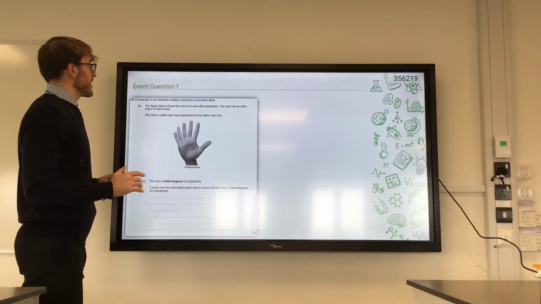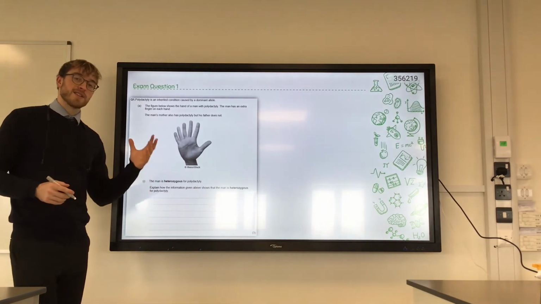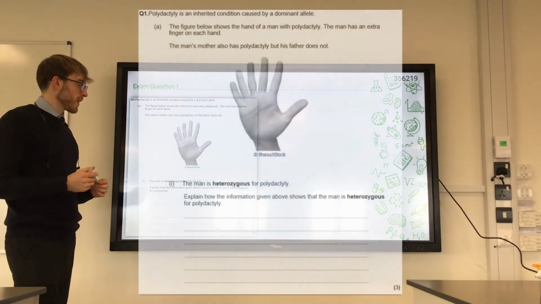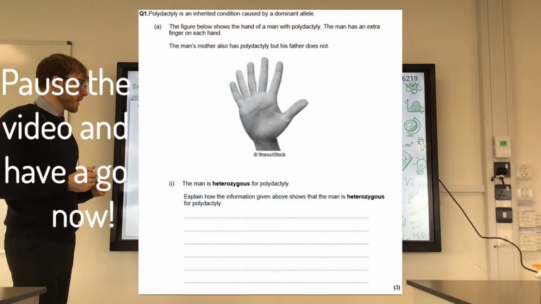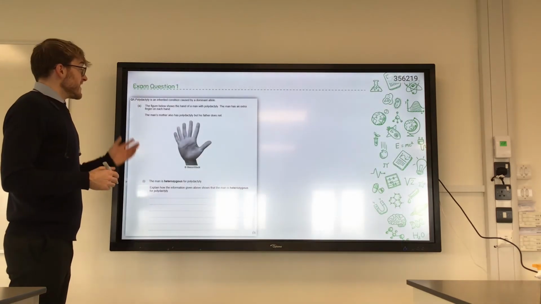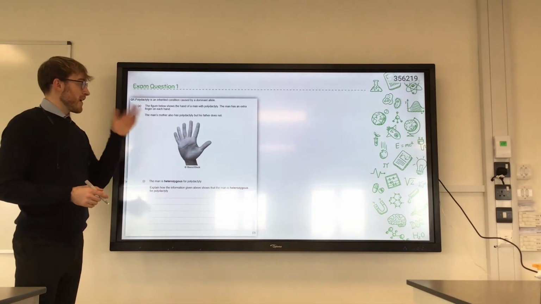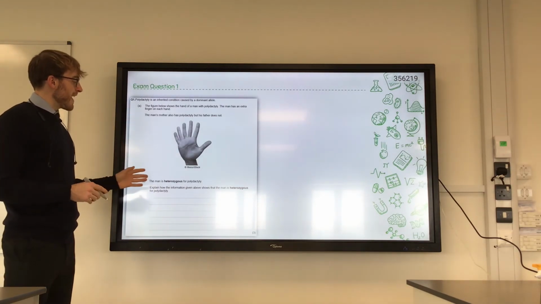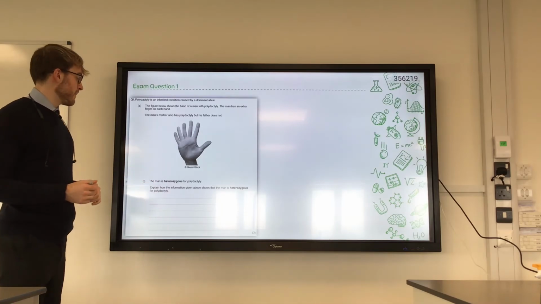So here we have a question on polydactyly as a dominant disease, and I'll show it on your screen now. We're told that the man's mother also has polydactyly, but his father does not. The man is heterozygous for polydactyly.